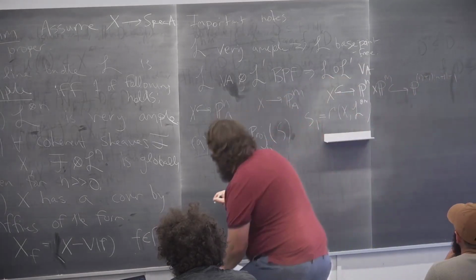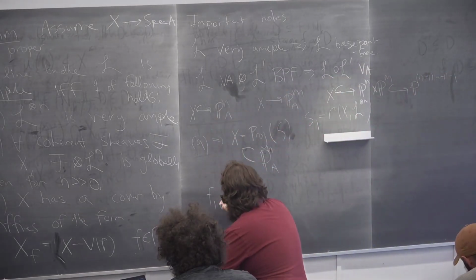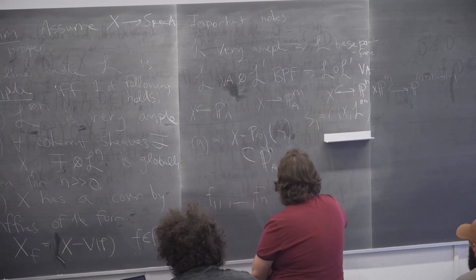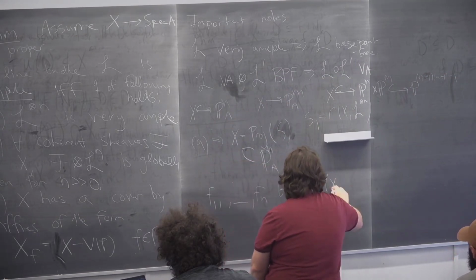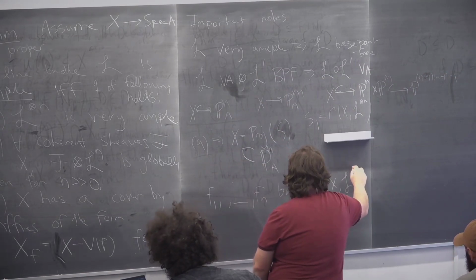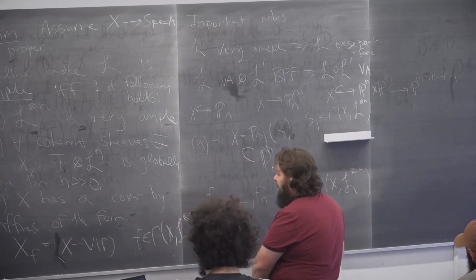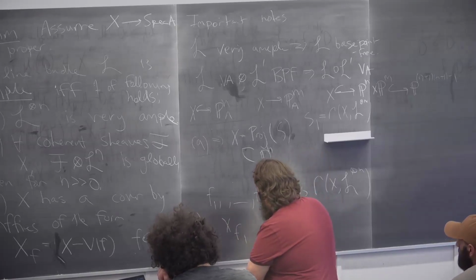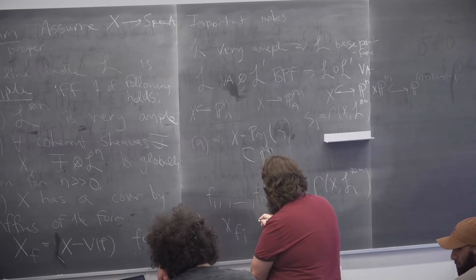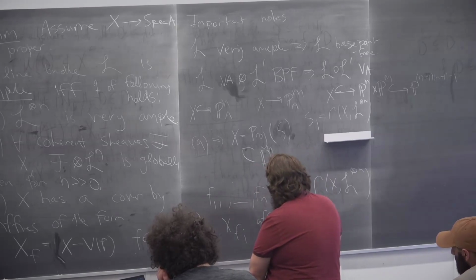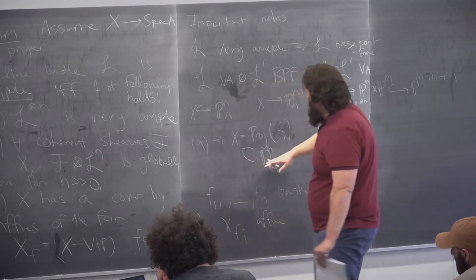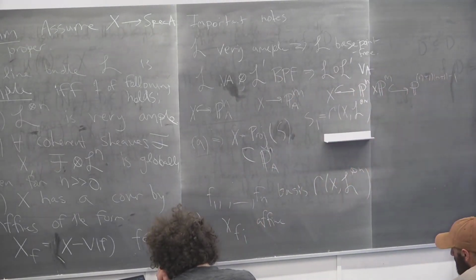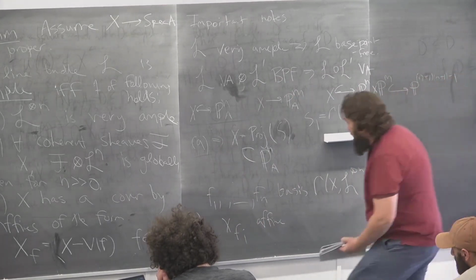So if we take f1 up through fn to be a basis of the sections of this nth power, the very ample one, then X_{fi} is affine because it's a closed subset of the affine subset of P^n where the ith coordinate doesn't vanish.